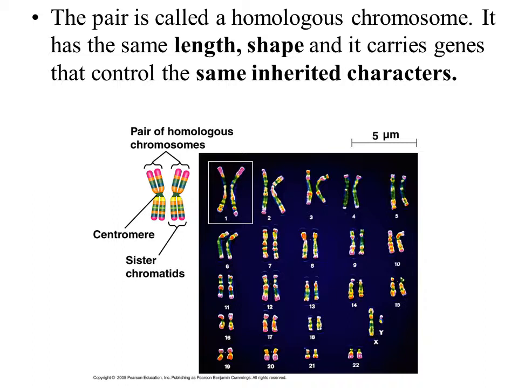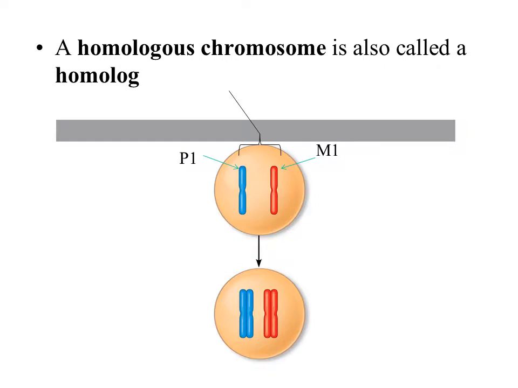An inherited character can be something like hair texture or eye color. So like I discussed, humans have 23 homologous chromosomes.